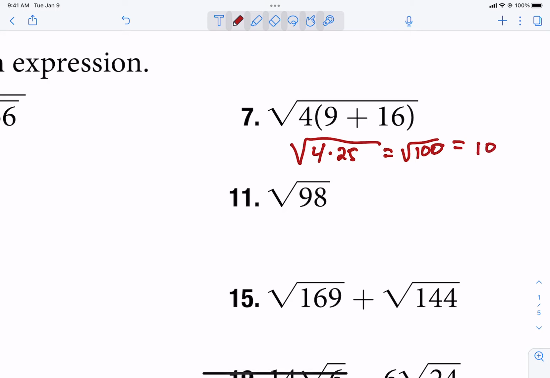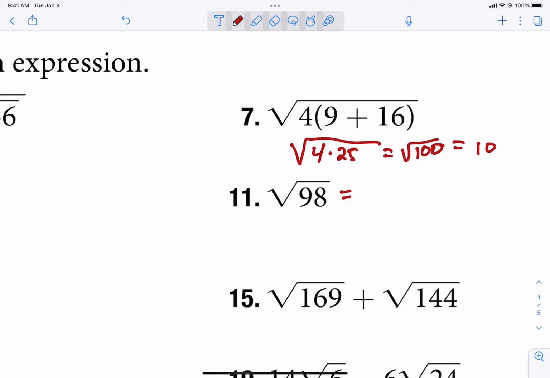Now, not all square roots work out perfectly, so let's just for a minute look at how we deal with one like number 11. For number 11, the square root of 98. Since 98 is not a perfect square, there's no number that gives me 98 if I square it.